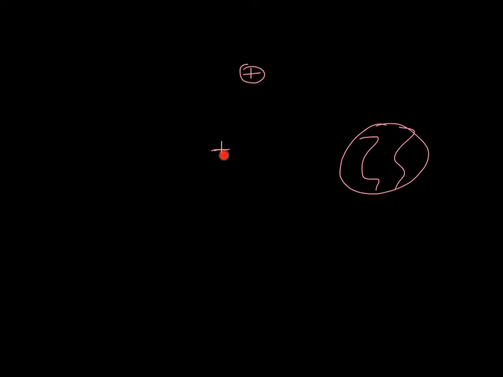So here's a positive charge. What would this positive charge do to this positive charge? They'll repel each other, correct? So it would push it away. And if I moved my positive charge over here, then it would push it away again.